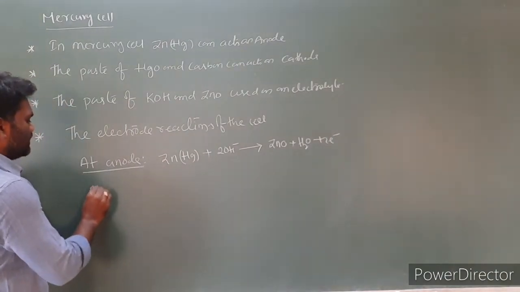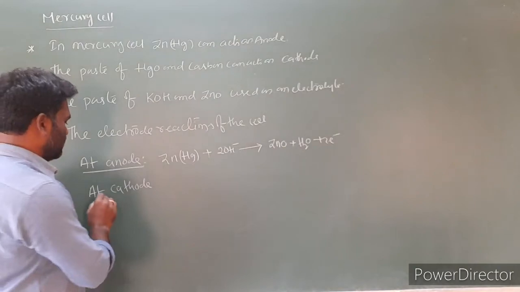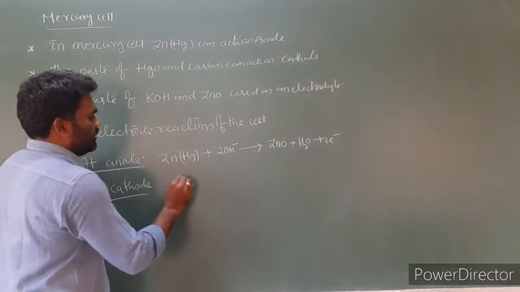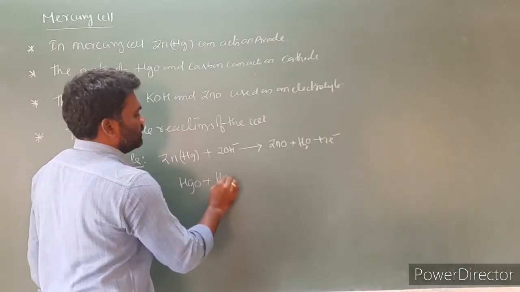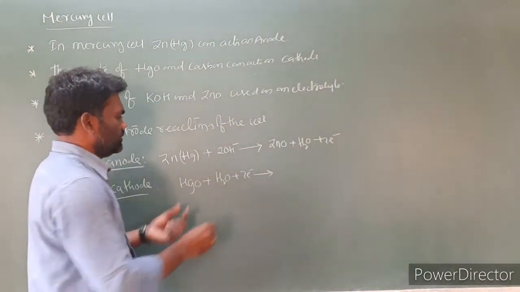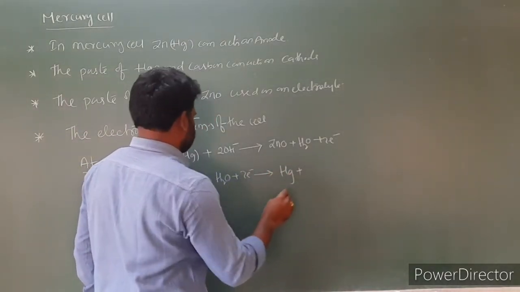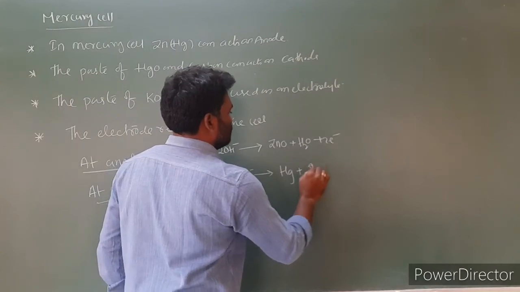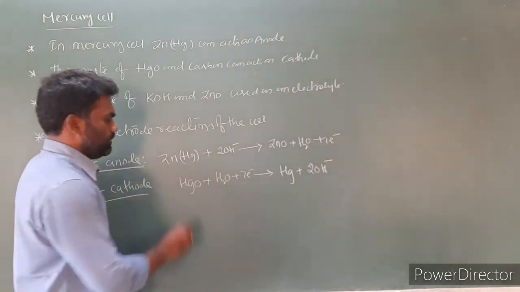Reaction at the cathode: HgO plus H2O plus 2 electrons gives Hg plus 2OH minus.